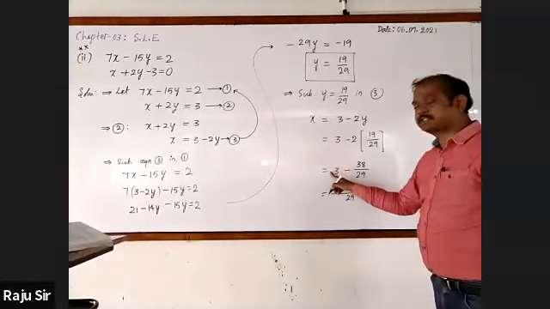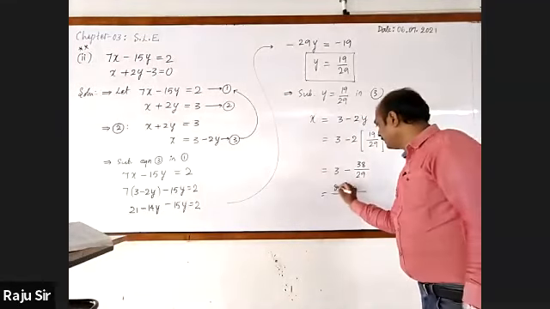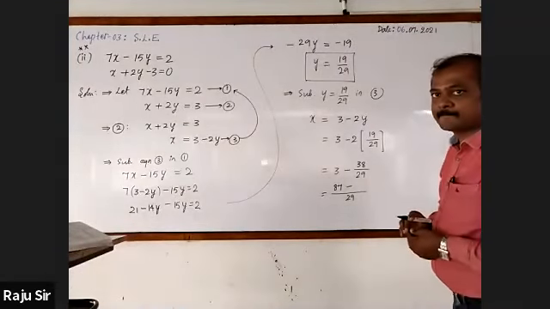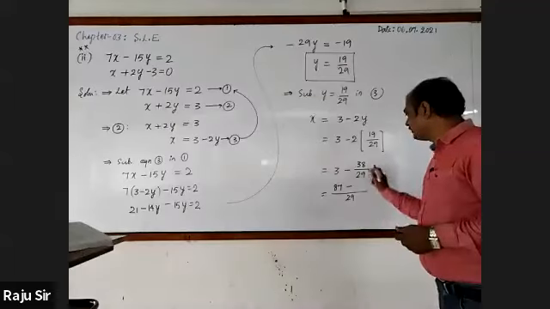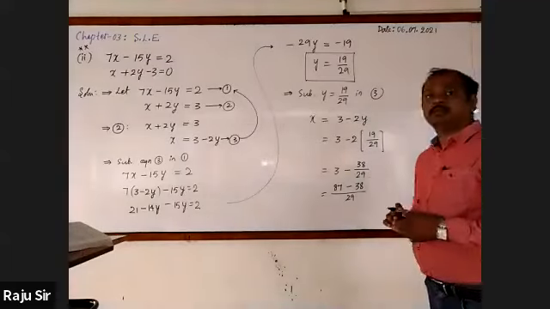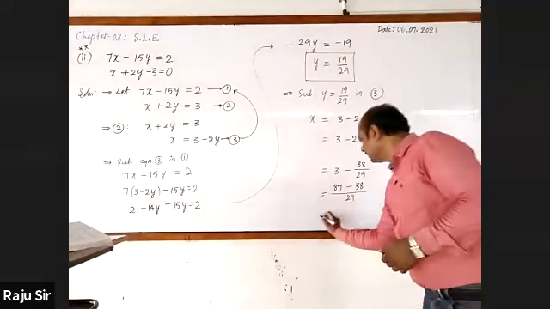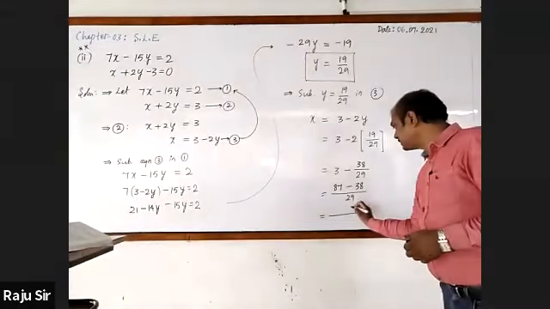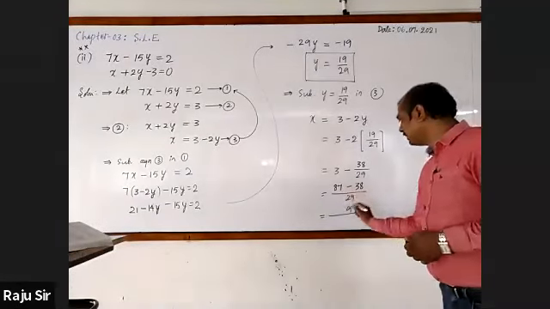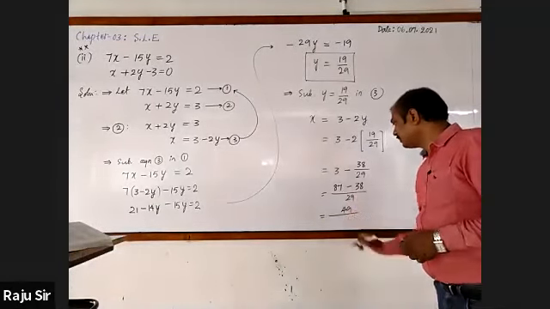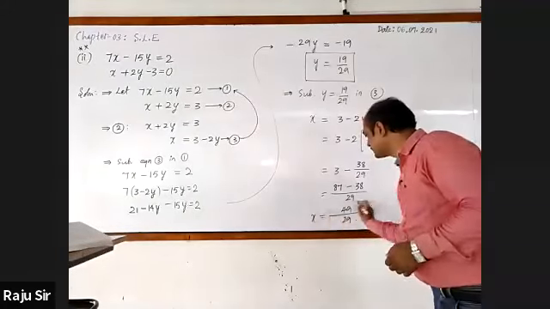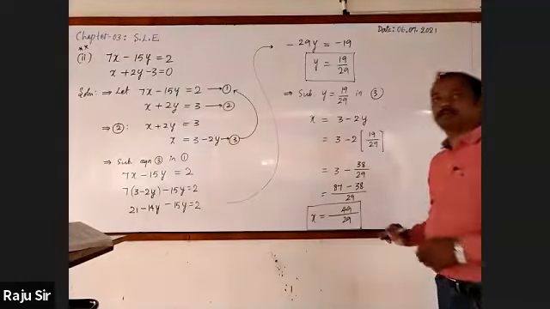Multiply LCM with the first term: 29 threes are 87. Next, multiply LCM with the second term, you will get 38. It is equal to 87 minus 38, which is 49 by 29. x is equal to 49 by 29.